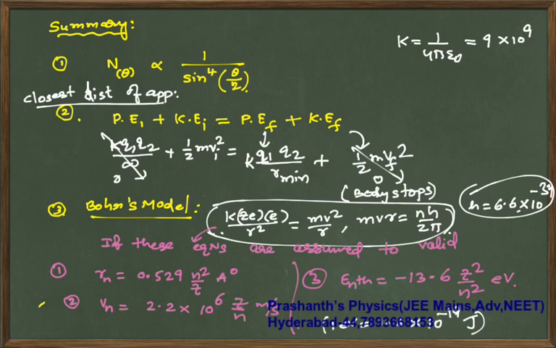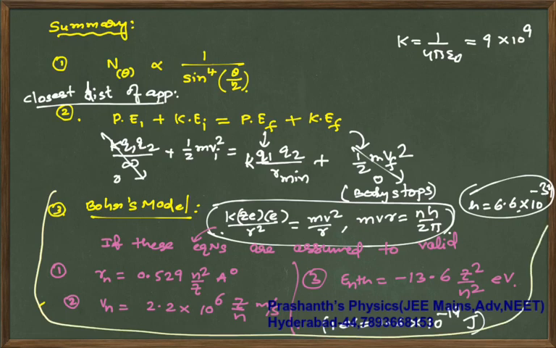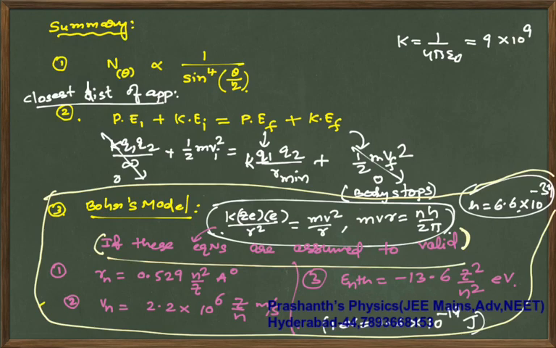Now a different set of questions will actually come in the exam. So what are those different set of questions, I will tell you. Now remember Bohr's model, I am keeping a box here. So this cream color box that you are taking, all these results are valid under these two assumptions. If these equations are assumed to be valid, then your radius is this. If nothing is mentioned, fine.